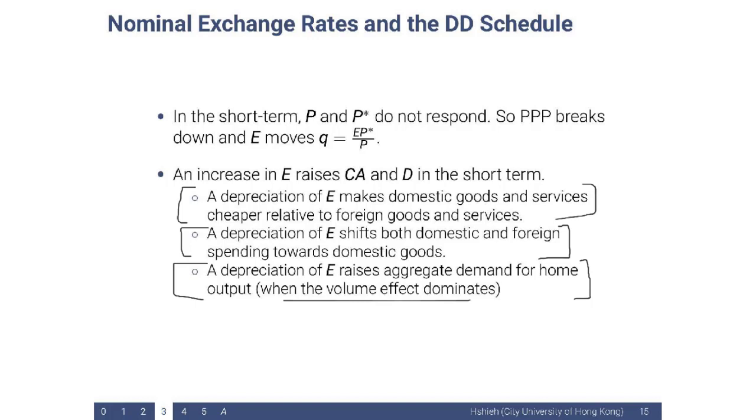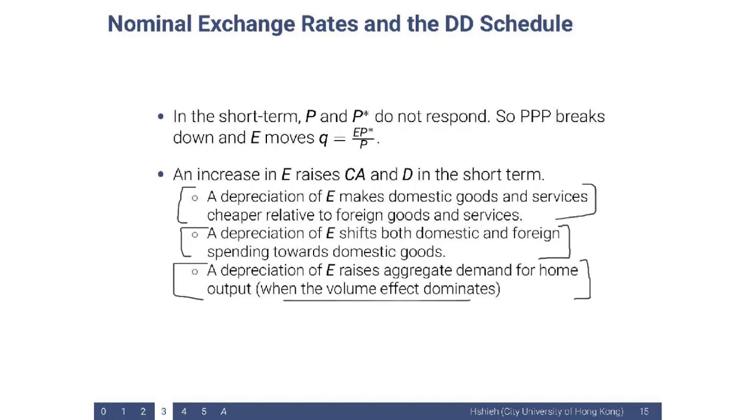This is something you've heard over and over again. We can also say that a depreciation of E shifts both domestic and foreign spending towards domestic goods. Again, something I've said over and over again. And lastly, this is something new: a depreciation of E raises aggregate demand for home output when the volume effect dominates. So this is the new takeaway today, as you saw from the aggregate demand model we have.